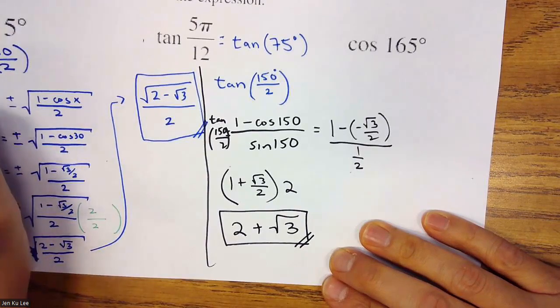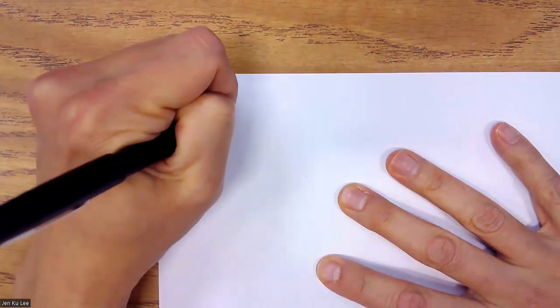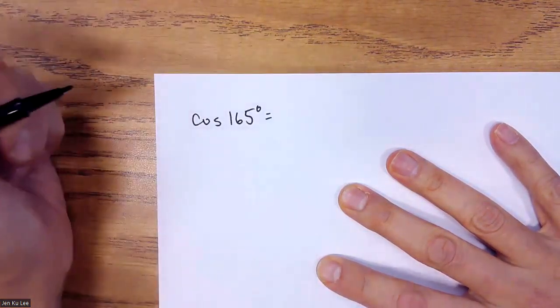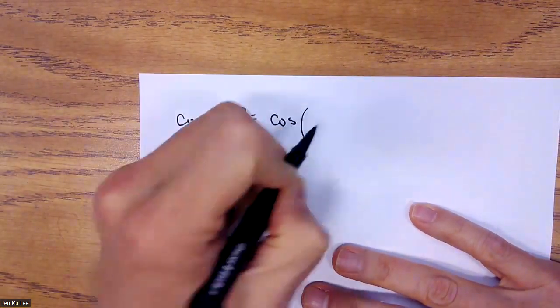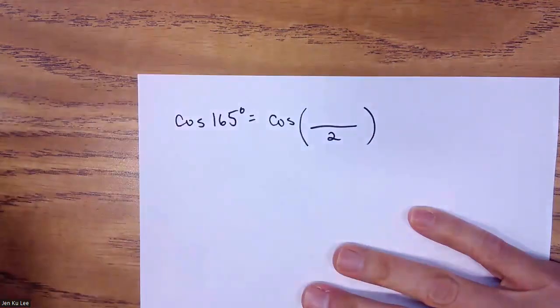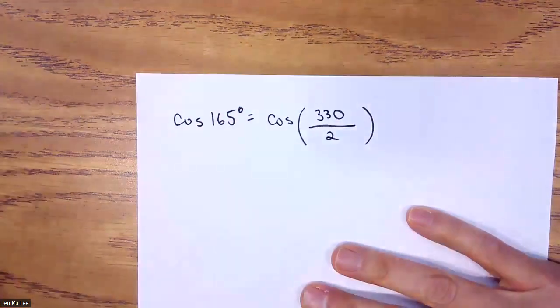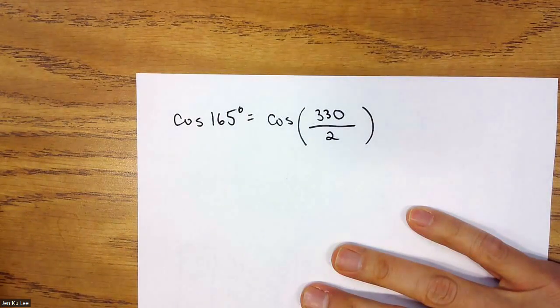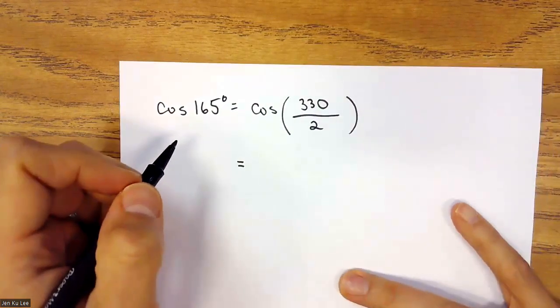Cosine of 165. 165 would be the angle divided by 2. What number? That would be 330. 330 divided by 2 equals 165. So the cosine formula, you can look at your formula sheet.